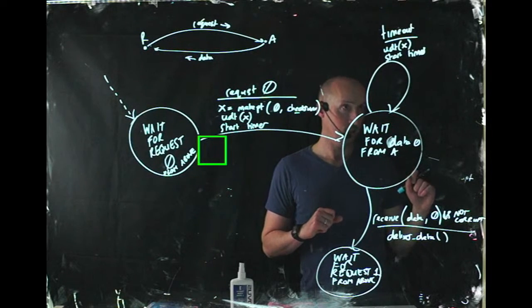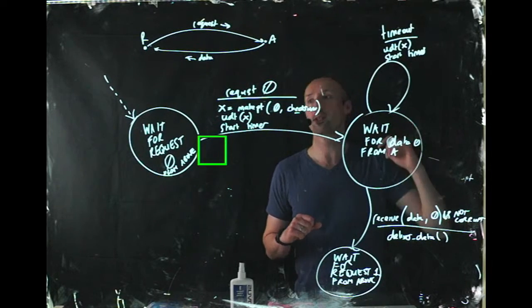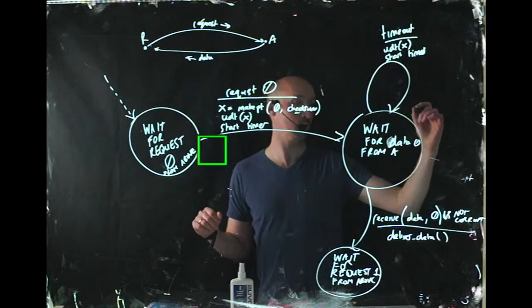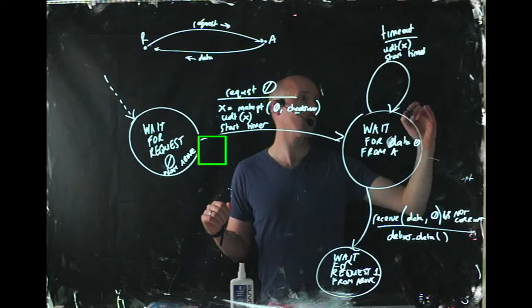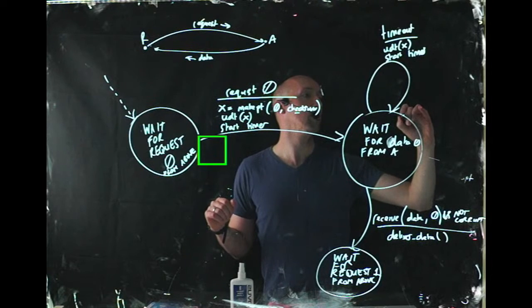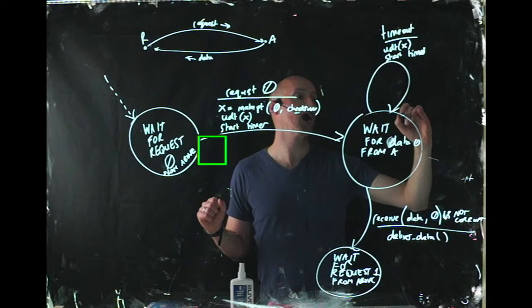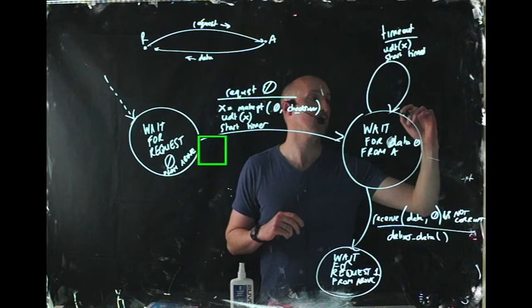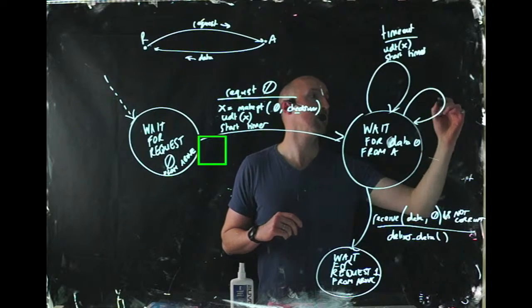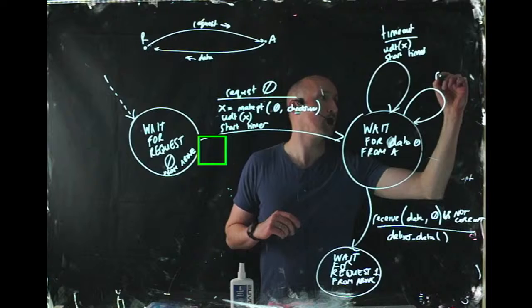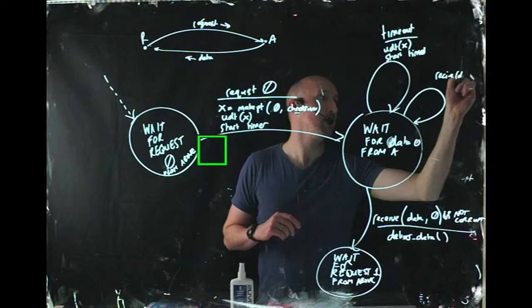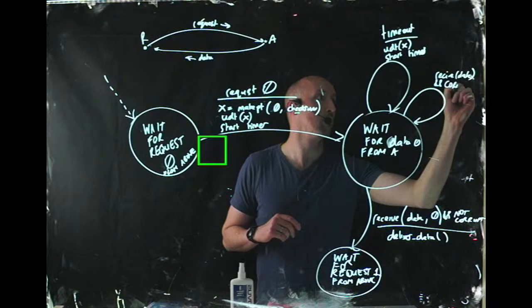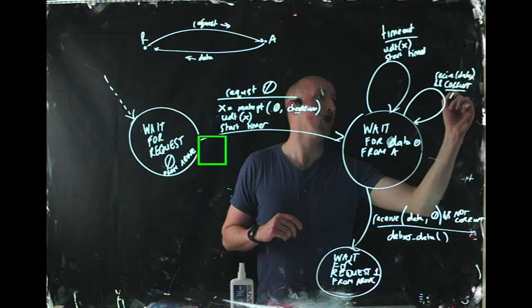Where was I? Oh yeah, what else could happen? We could also receive data that's corrupt. If we receive data from A, but it's corrupt, then do nothing and just stay here.